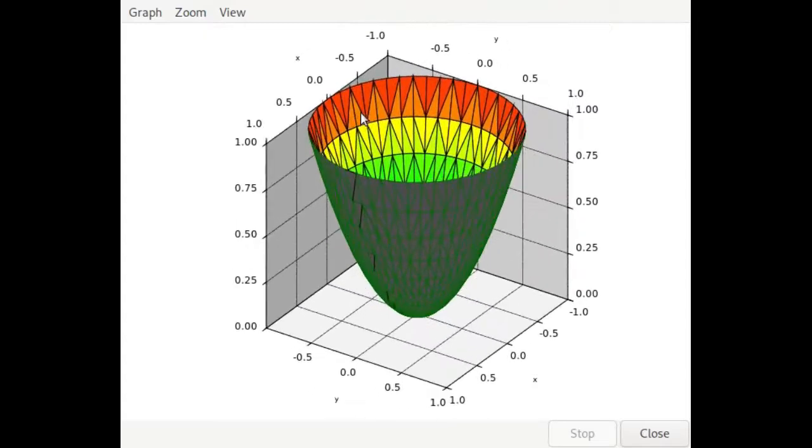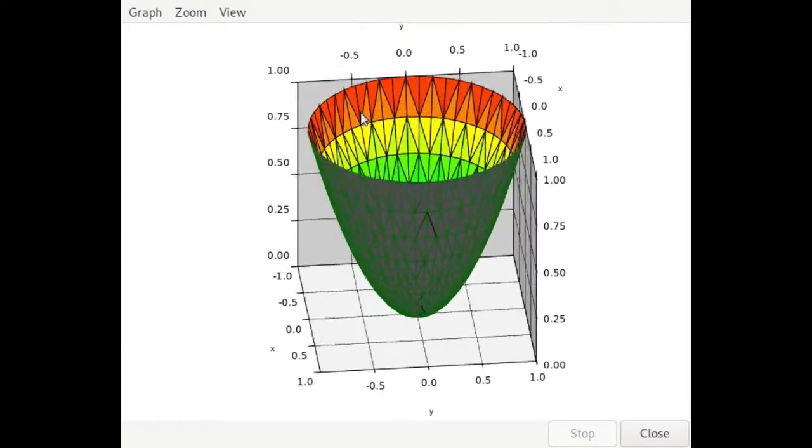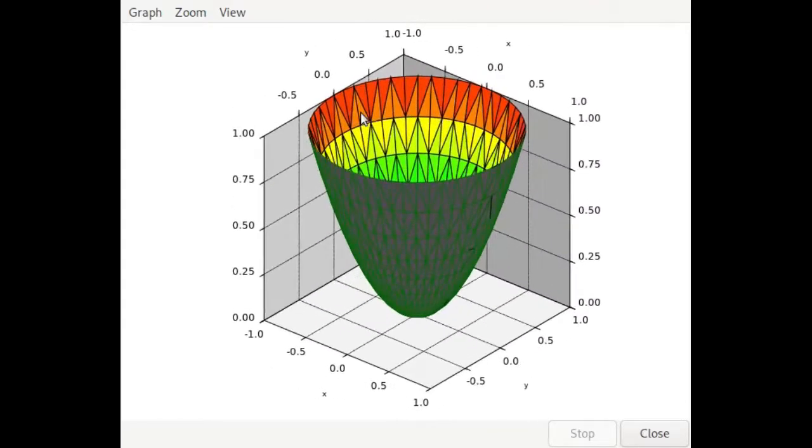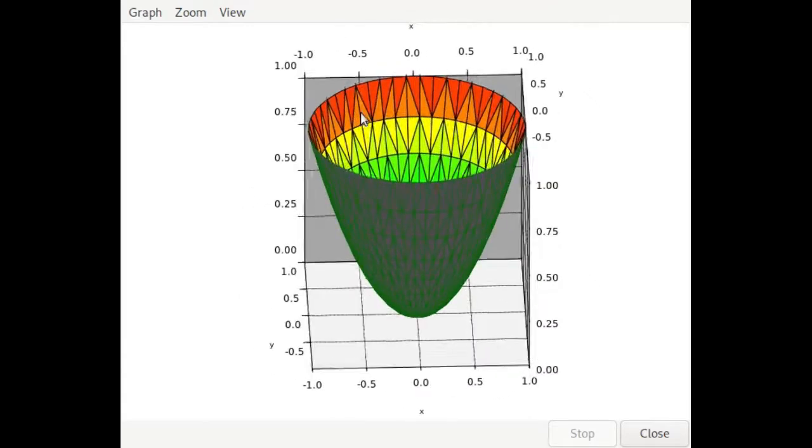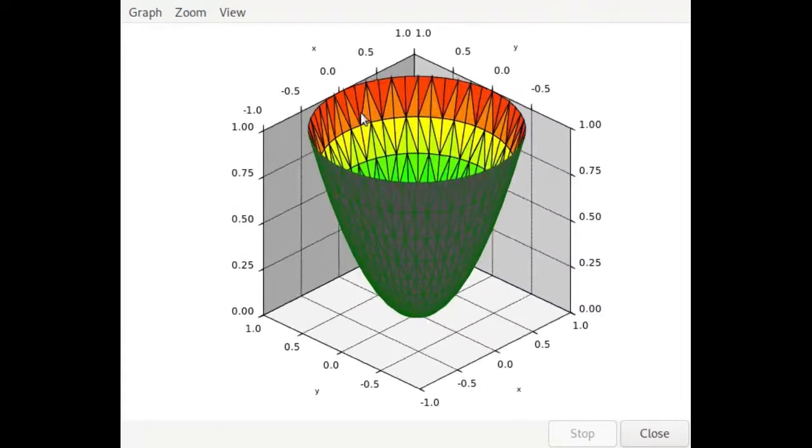So it's not as bad, but it does get more and more complicated as you get into more real-world examples. All right.